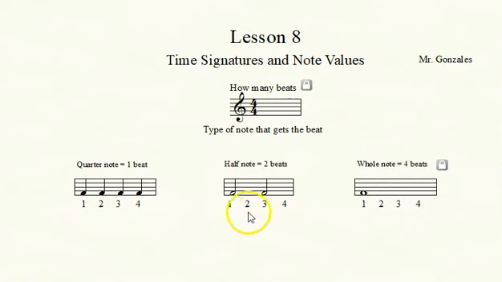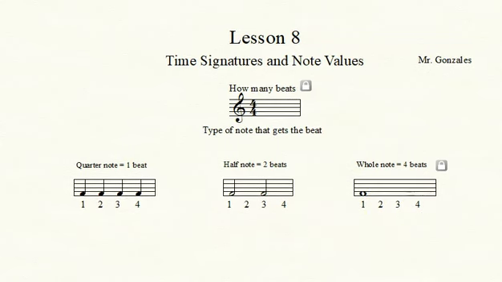So unlike our half note, instead of every 2 beats, we clap and say ta-ah, we're just going to hold out for all 4 beats. So it will sound like this. Ta. One last time. Ta. There will be a separate set of videos to help us understand this concept a little bit better.